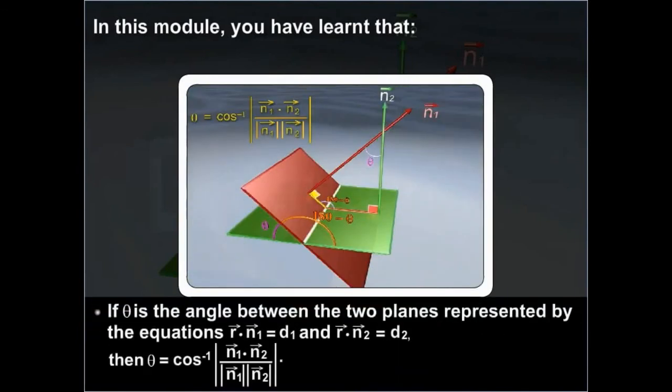If theta is the angle between the two planes represented by the equations vector r dot vector n1 is equal to d1 and vector r dot vector n2 is equal to d2, then the value of theta is given by cosine inverse of the modulus of the dot product of vectors n1 and n2 upon the magnitude of vector n1 into the magnitude of vector n2 whole.